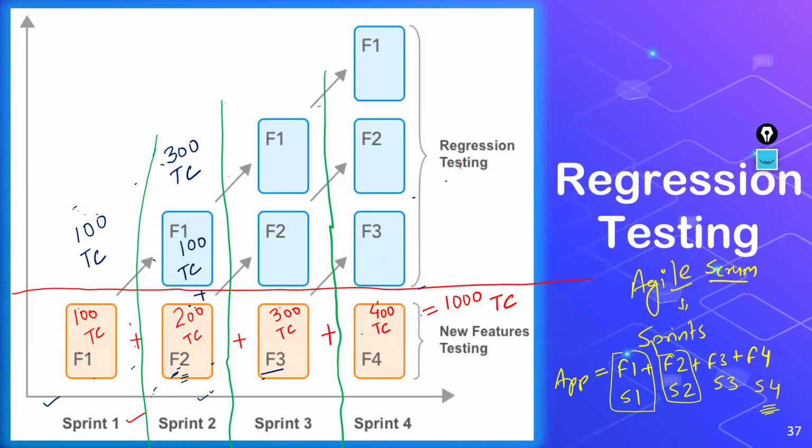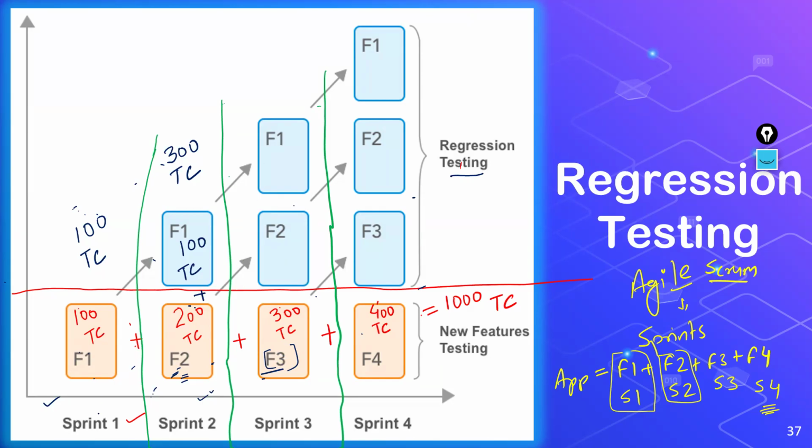But because we are going with regression, we need to make sure that because of the changes we made in the system to implement feature F3, the previously implemented features F1 and F2 might have some error. We're not sure, but they might. There is only one way to verify that, and that is to execute their respective test cases again.